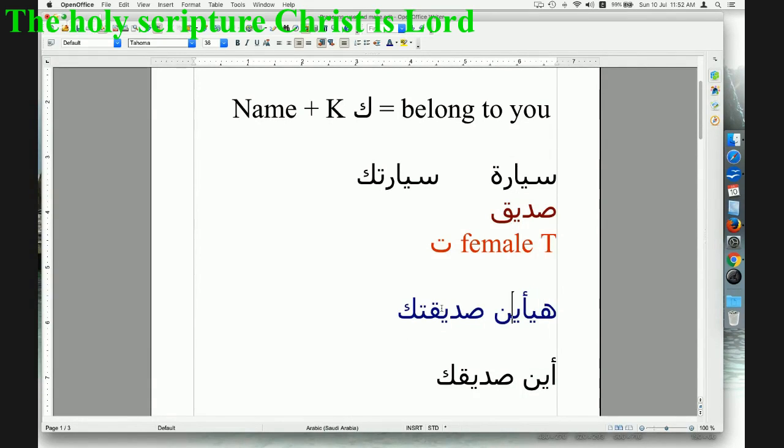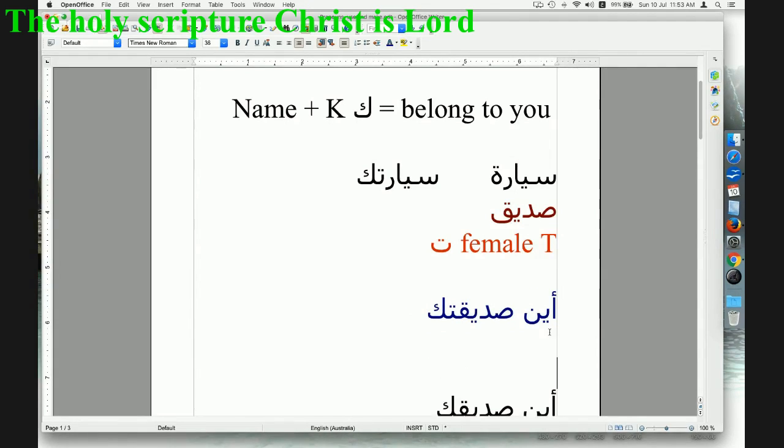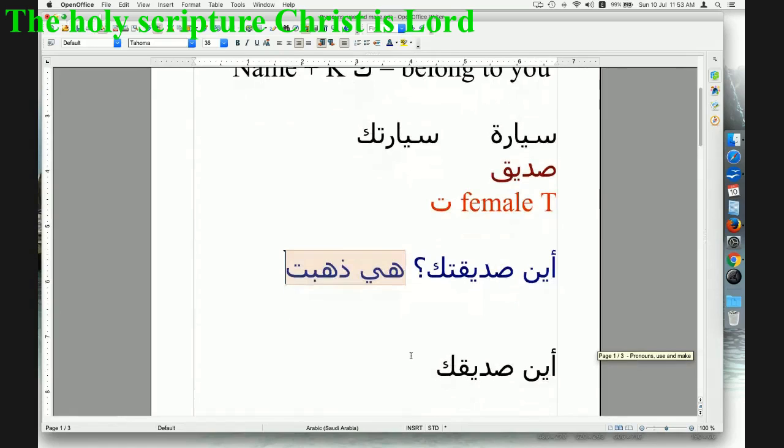So we have here... it's hard to type here because it does not start again from here. I think I have to click here and that will make it start again. Here we go. هي ذهبت. أين صديقتك? So here we have a question mark. أين صديقتك? You say هي ذهبت. She left. أين صديقك?